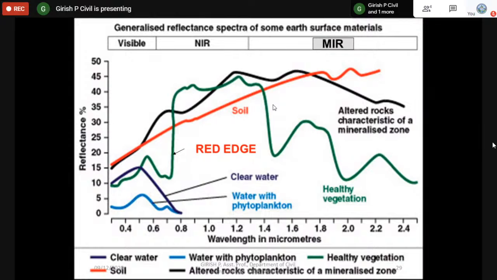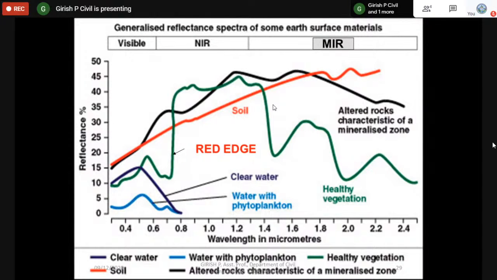These are standard, generalized reflectance curves for materials. The reflectance is measured in terms of reflectance versus incident, and we measure the reflectance characteristics through the spectrometer.